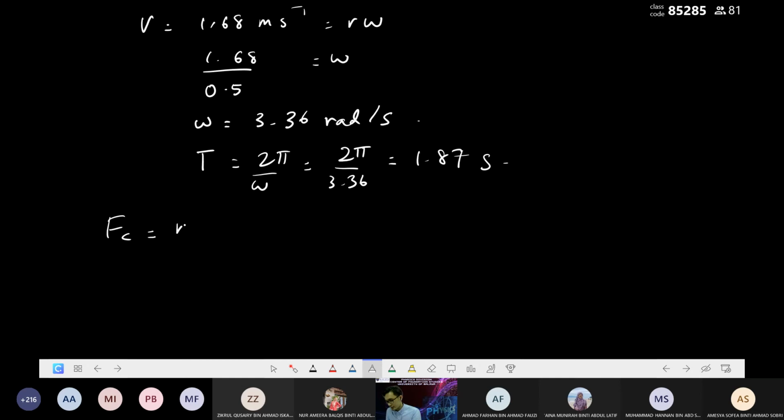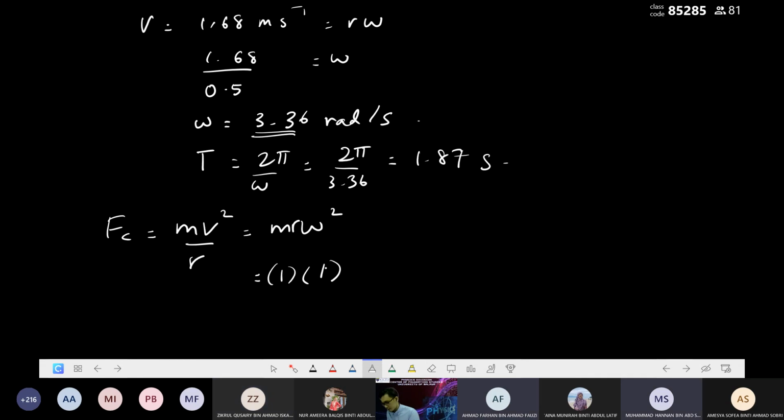Okay, how to find centripetal force? Kita boleh guna mv kuasa 2 over r, ataupun kita boleh guna omega dah cari kan. Jadi m r omega kuasa 2. Okay, jadi m kita adalah berat dia adalah 1 kilogram.